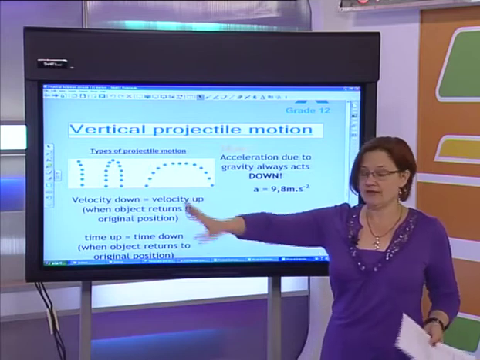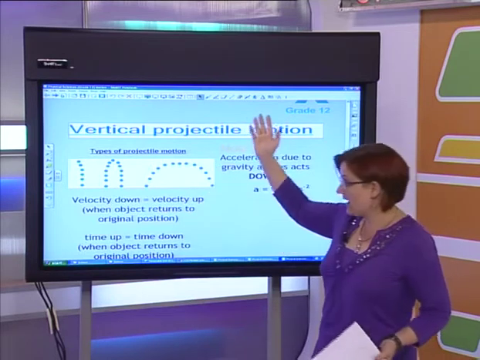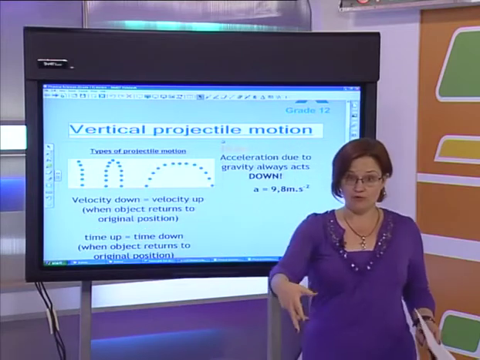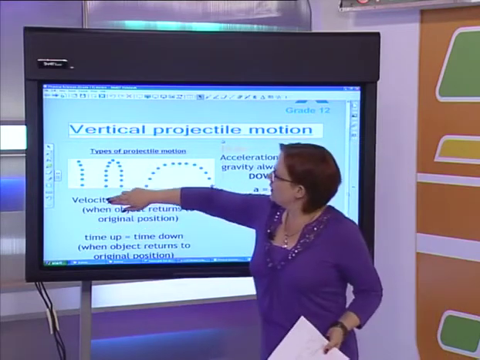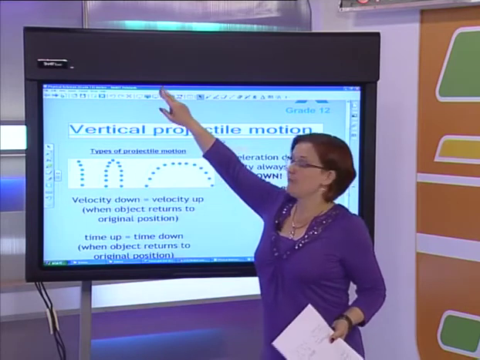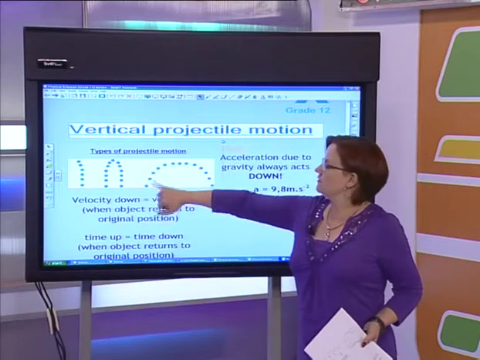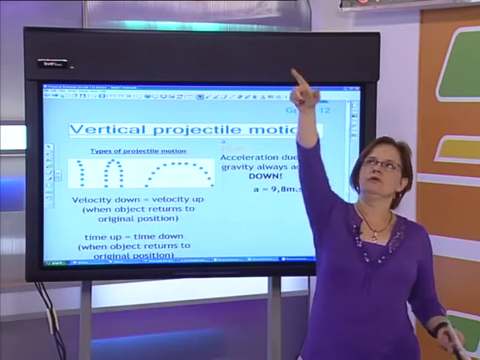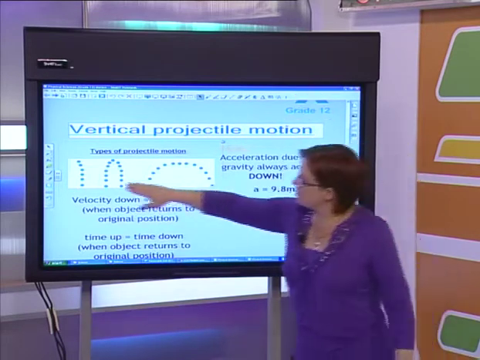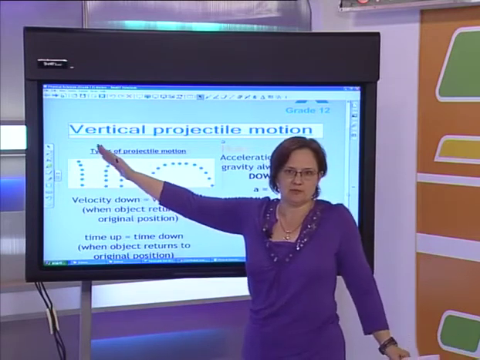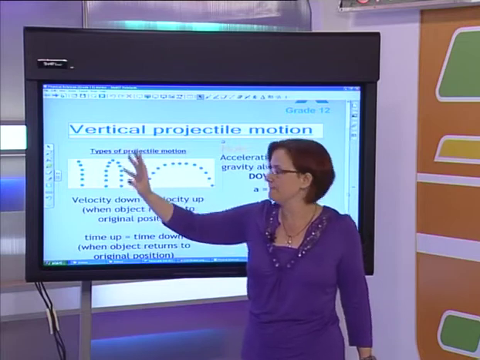We're looking at objects that are either dropped, or thrown straight down, or thrown straight up and caught. Or we're going to consider objects that can be thrown at an angle. We're not concerned with what happens in the horizontal motion because that's irrelevant at this point. We're only looking at one dimension.